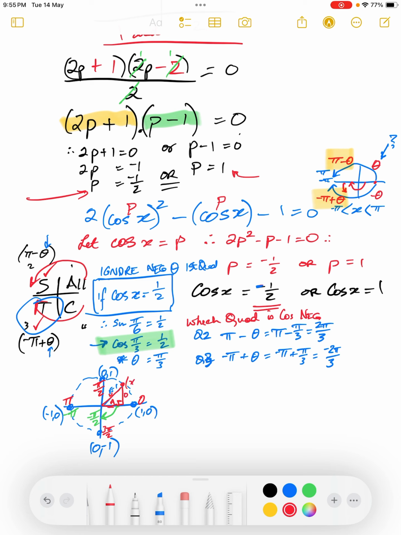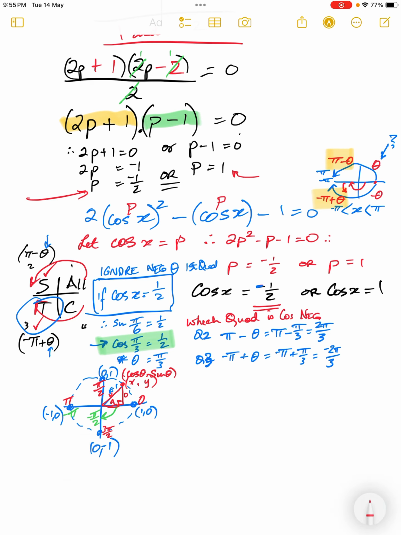So the x value is cos, and the y value is sine. So cos theta is the x value, sine theta is the y value. Where is the cos, where's the x value? Oh, no, that's negative 1. We want a positive 1, it's over here, 0 degrees.